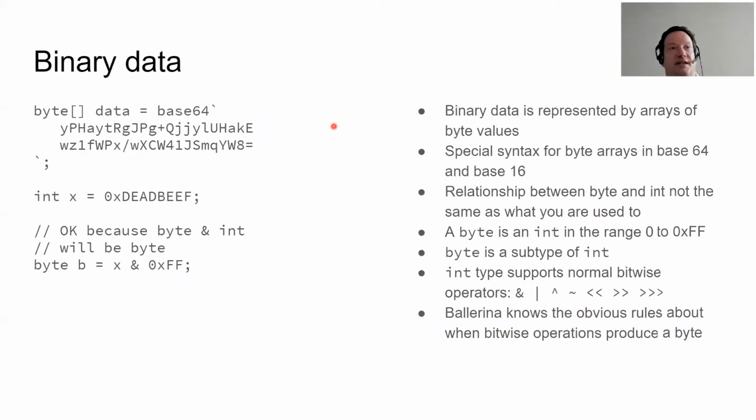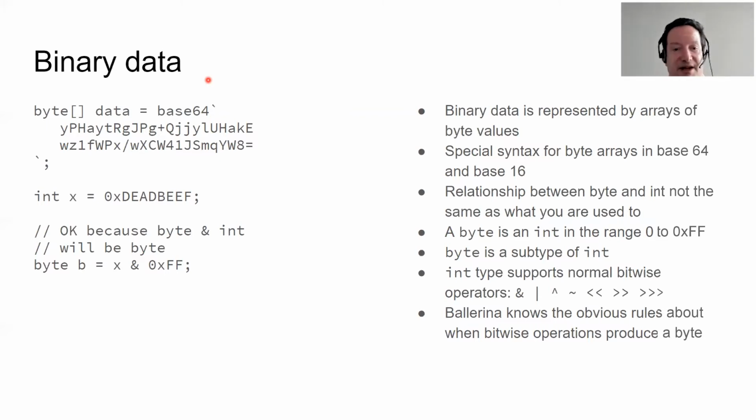Okay, binary data. We represent binary data as an array of bytes. What's a byte? A byte is actually an integer in the range 0 to 255. So it's not a separate type, it's a subtype of int. This is a little bit different from how things work in most C family languages.